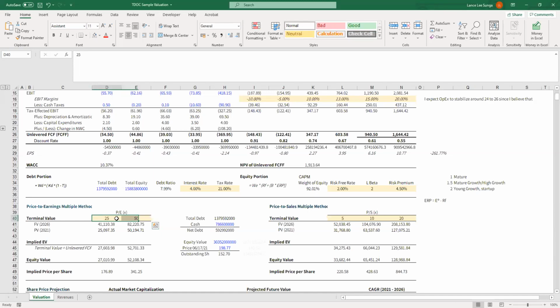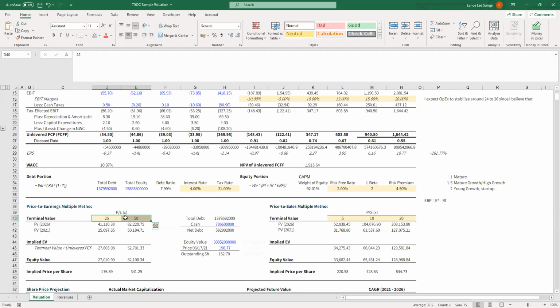But in your case, what you can do is look at what analysts are projecting. For example, if your company is Apple and you're not sure of the multiple that you want to apply, you can look at the multiple that analysts are projecting for Apple.